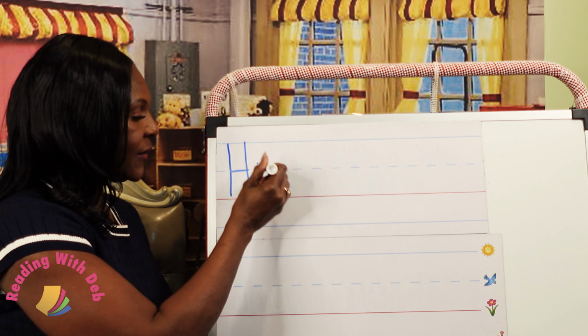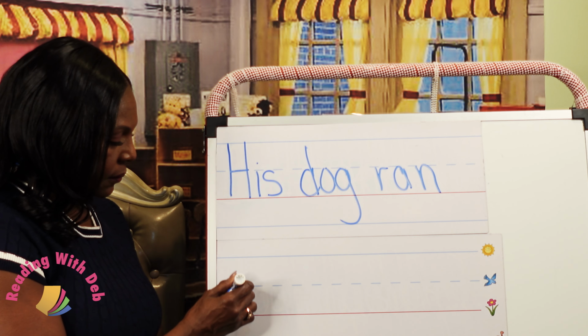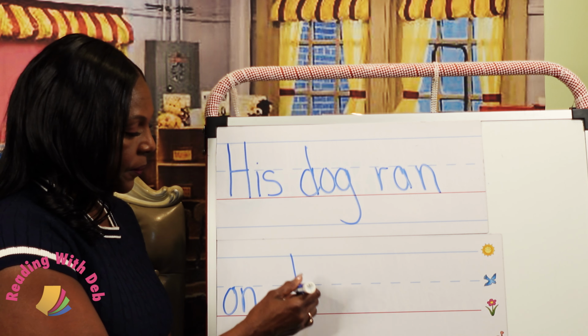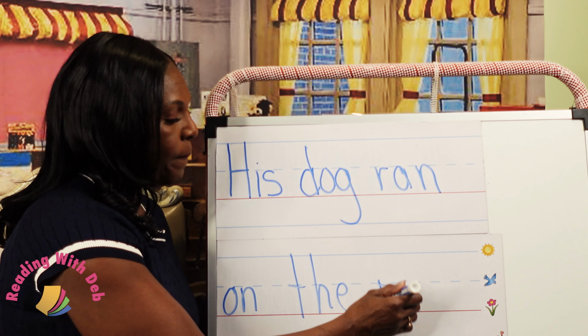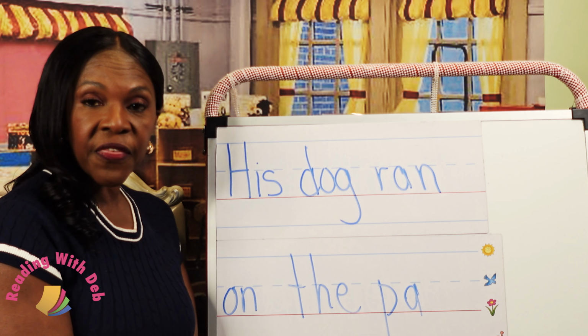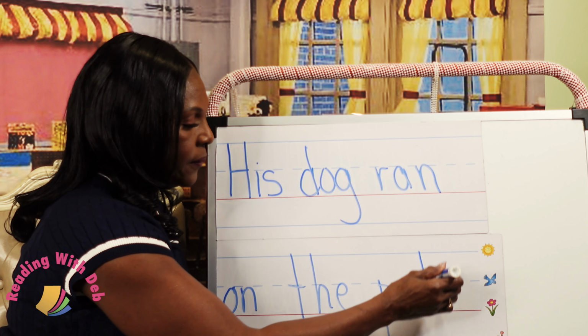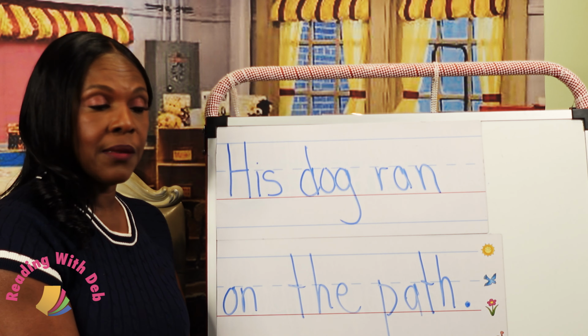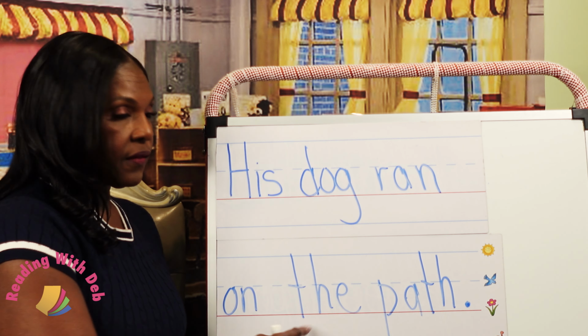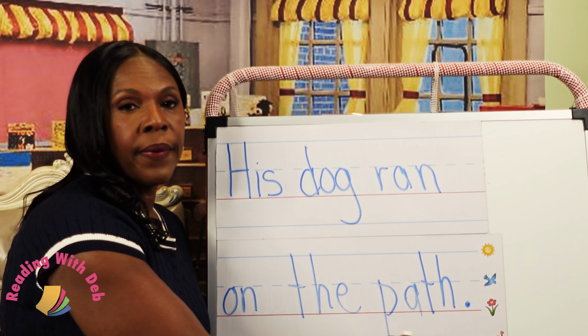His dog ran, ran on the path. That's P, pa, that's the A, path, TH. Okay? Period, because my sentence is telling me something. His dog ran on the path. Our last and final sentence.